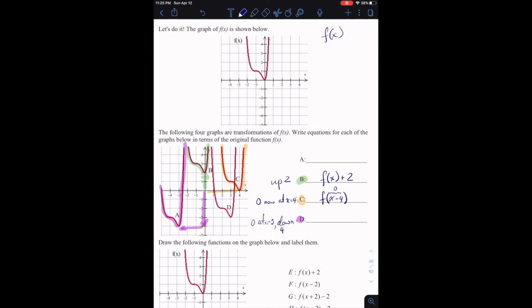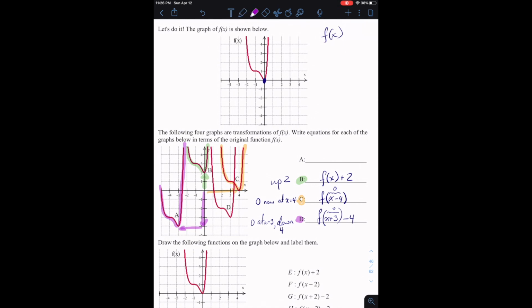So we shifted the 0 so that our 0 is now at negative 3. So x plus 3 would be a situation where if we substituted negative 3 plus 3, it would give us 0, and then we went down 4. Right, so we messed with where the x value was at our 0 point, and then we shifted the whole function down.